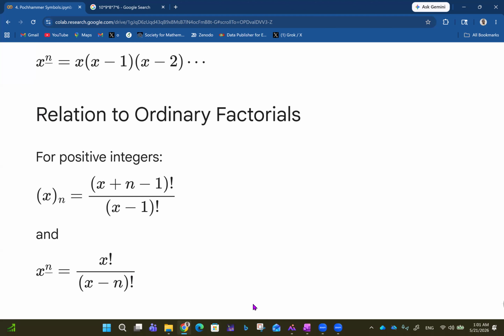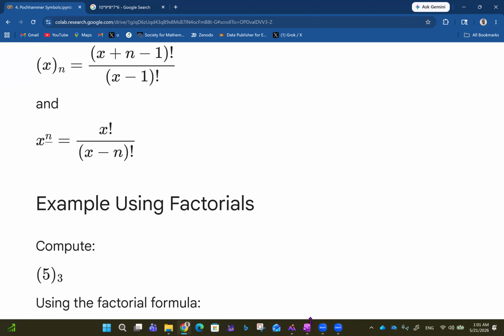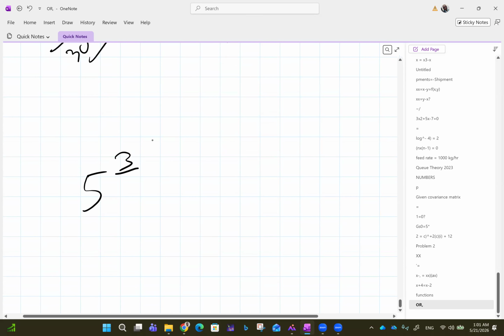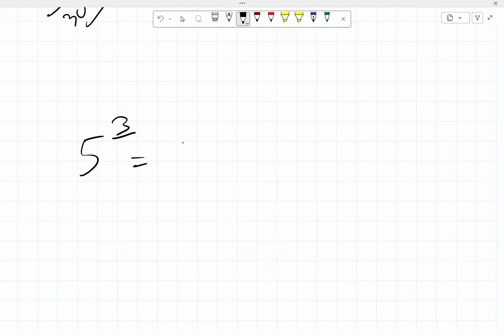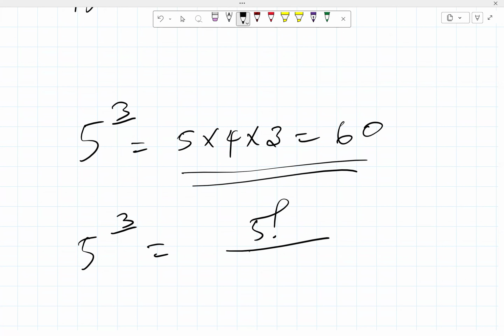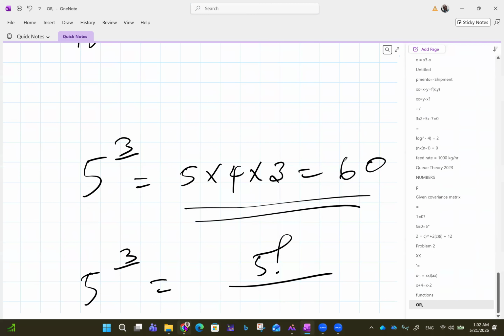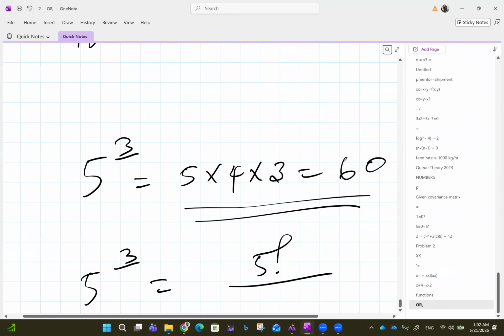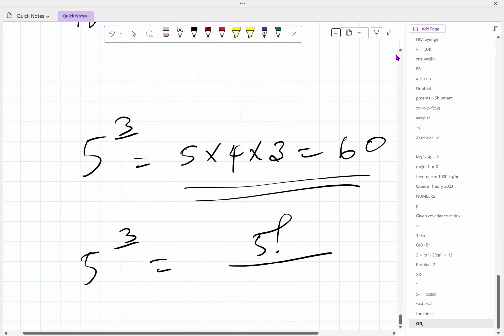Okay, so let's check for falling factorial now. Let me still do 5, 3. So we have 5, 3 like that. Of course we know this should be 5 times 4 times 3, and that is simply 60. That's for falling factorial. But 5, 3 is actually going to be 5 factorial all over, what's the formula now? x factorial all over x minus n factorial.